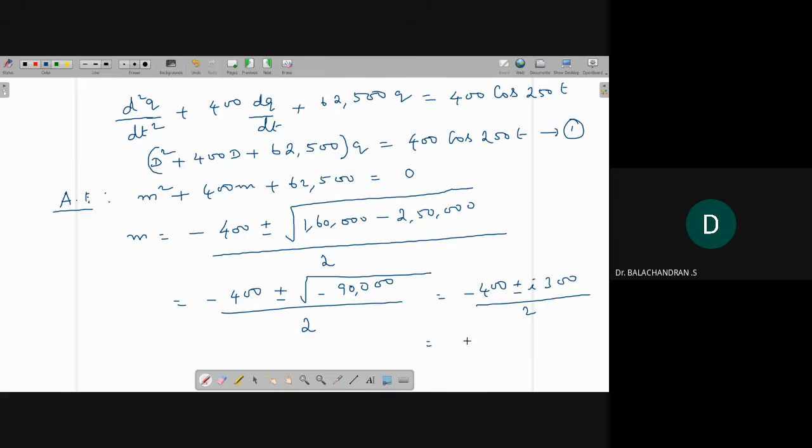If you divide by 2, you get minus 200 plus or minus i 150. Alpha is minus 200, beta is 150.